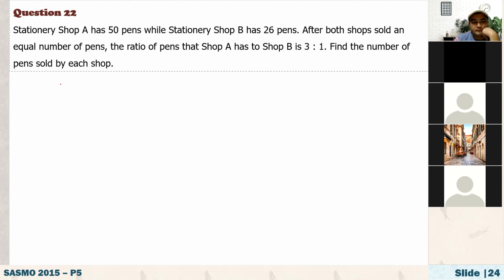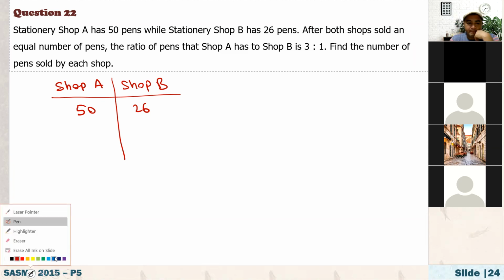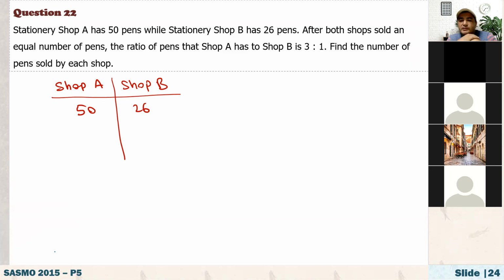After both shops sold an equal number of pens, the ratio of pens that shop A has to shop B is 3 to 1. Find the number of pens sold by each shop.